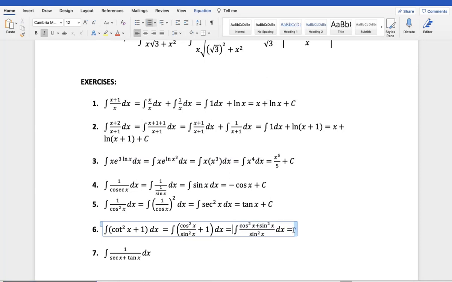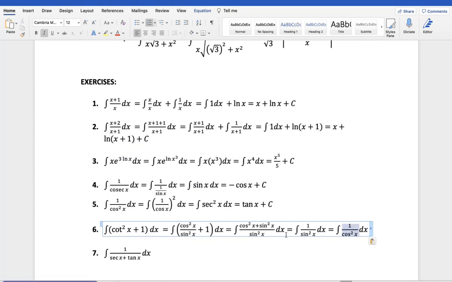So we end up having 1 in the numerator divided by sine squared of x in the denominator. And that is just equal to the integral of 1 over sine squared.